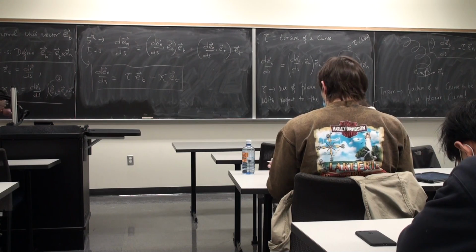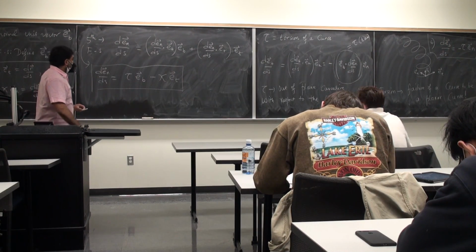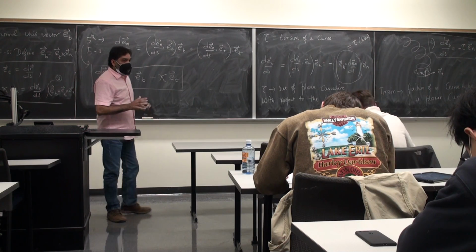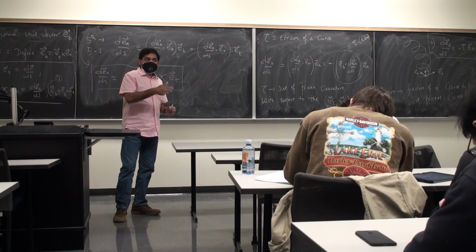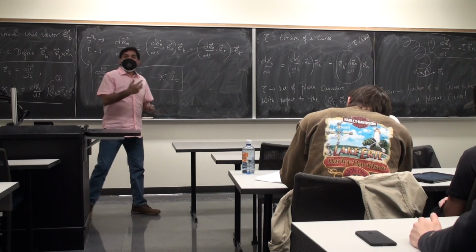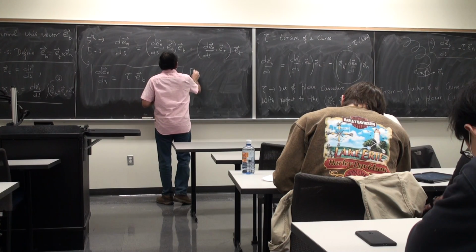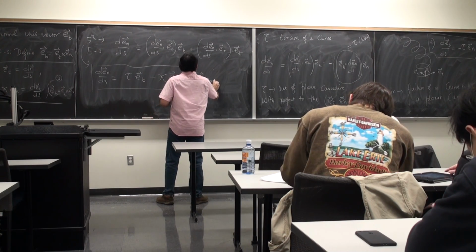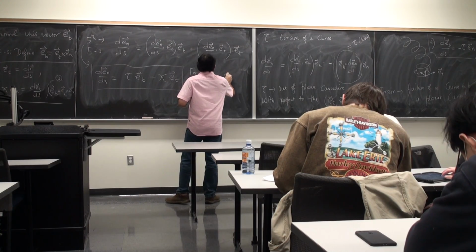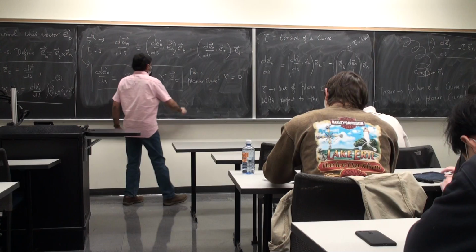For the problem that we are going to solve on Thursday, we will assume that the problem is a planar problem because I'm solving a two-dimensional problem, which means that for us the torsion will be 0. So for a planar curve, tau is 0, and for a straight line, kappa is 0.